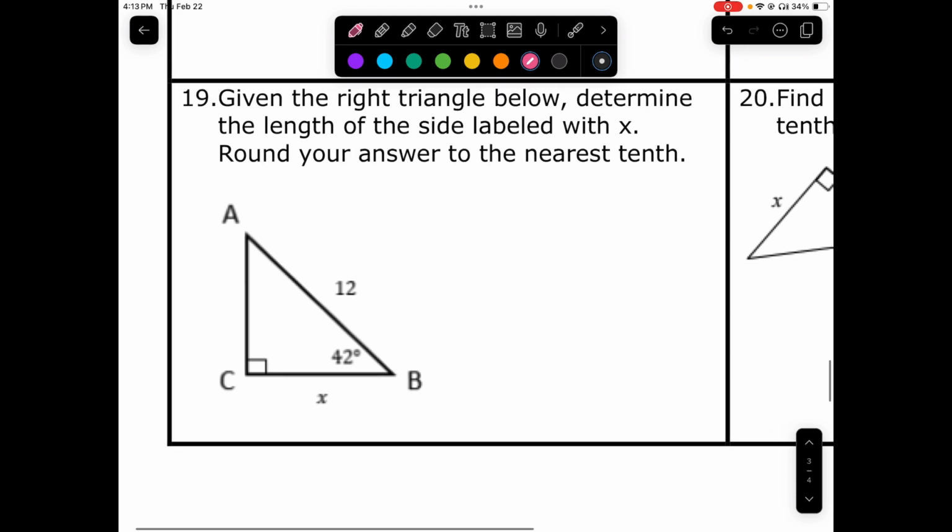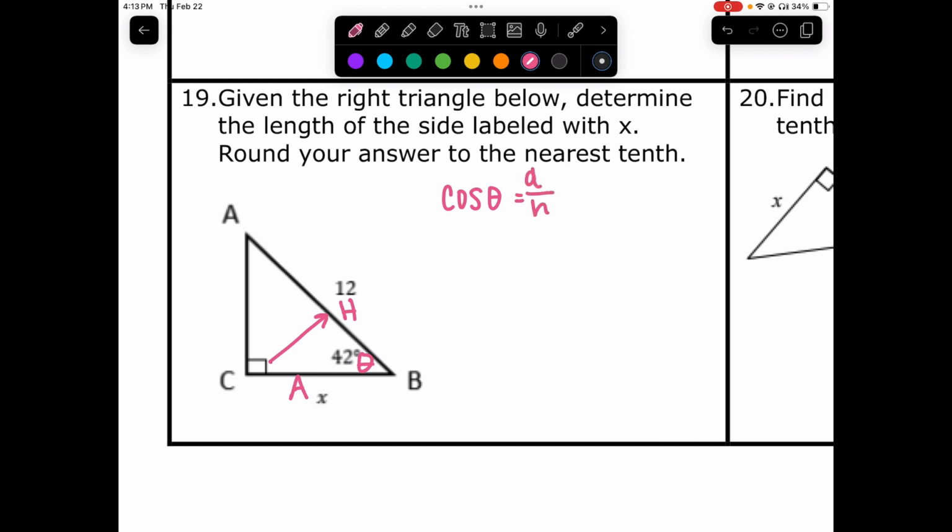Number 19. Given the right triangle below, determine the length of the side labeled with X. So for this one, we see theta is right here. This is hypotenuse. This is adjacent. Hypotenuse and adjacent are the cosine ratio. So adjacent over hypotenuse. Cosine, adjacent, hypotenuse, cosine. So that's going to be cosine 42 equals adjacent, which is x, over hypotenuse, which is 12.